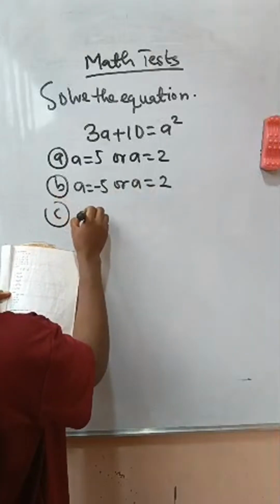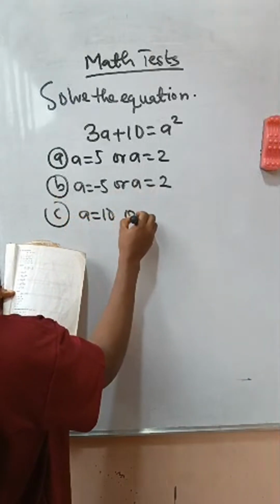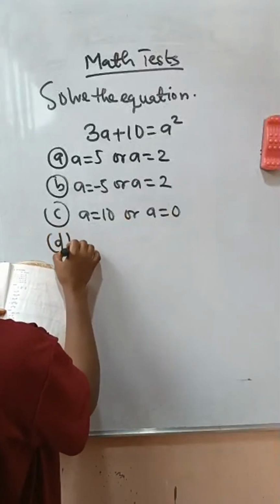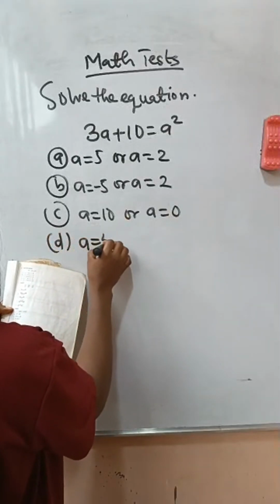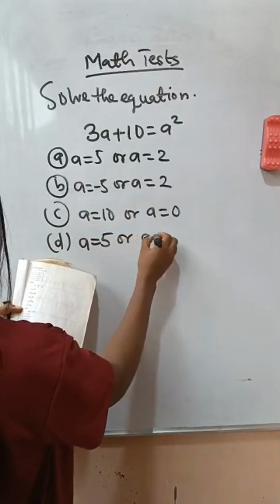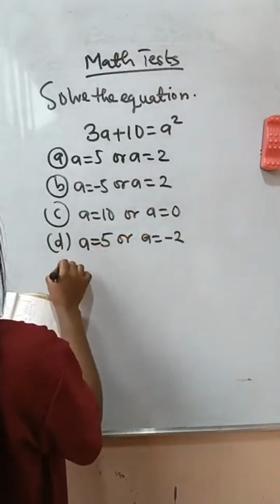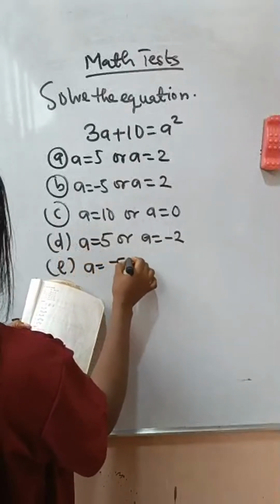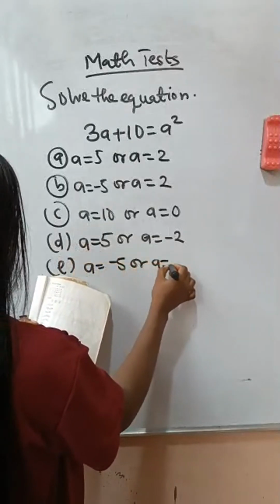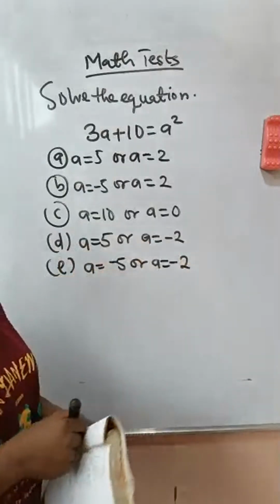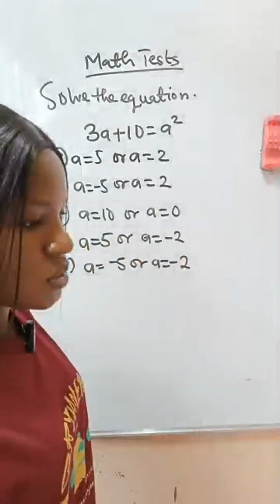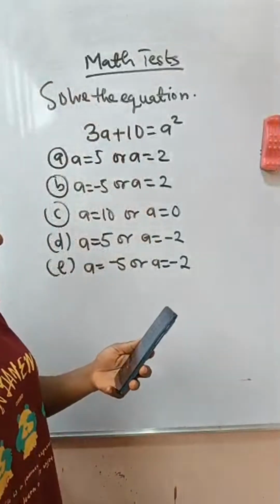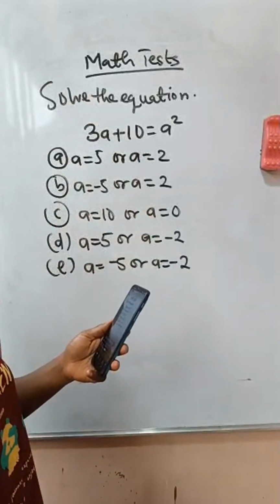Option C, A is equal to 10 or A is equal to 0. Option D, A is equal to 5 or A is equal to minus 2. Option E, A is equal to minus 5 or A is equal to minus 2. So these are the options that we have.